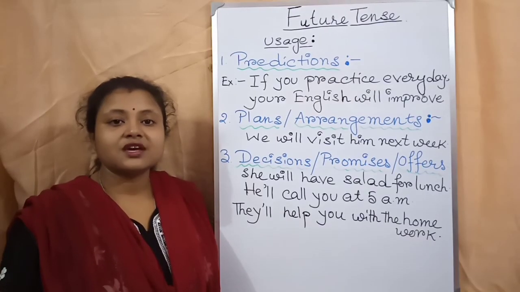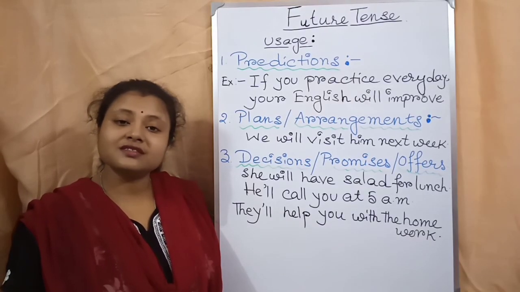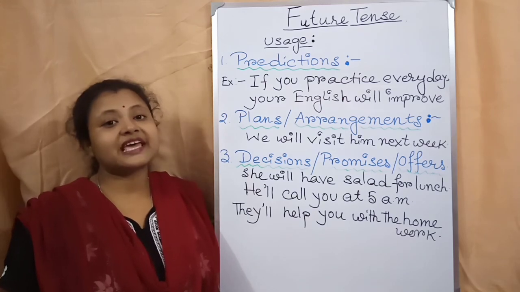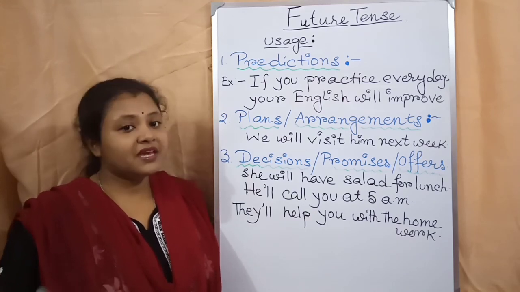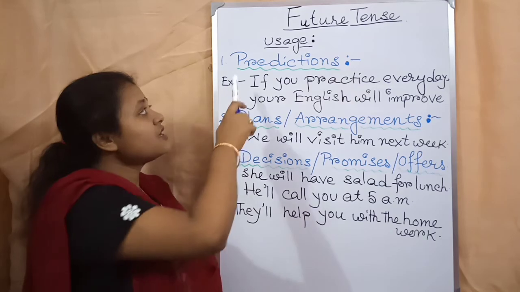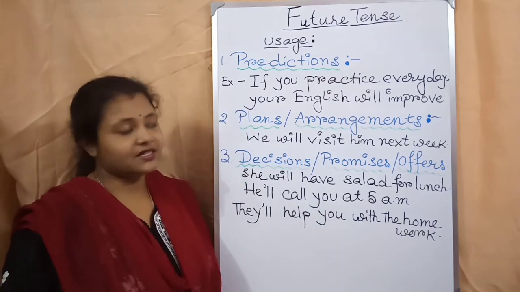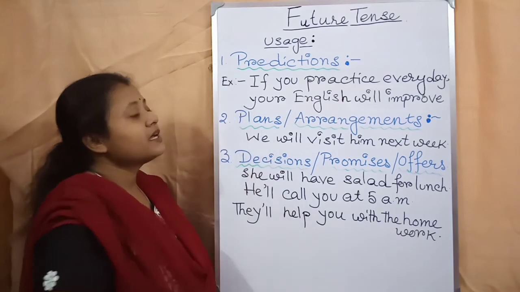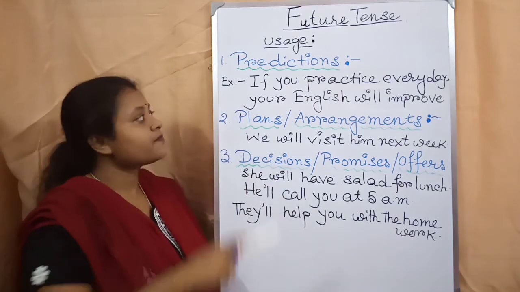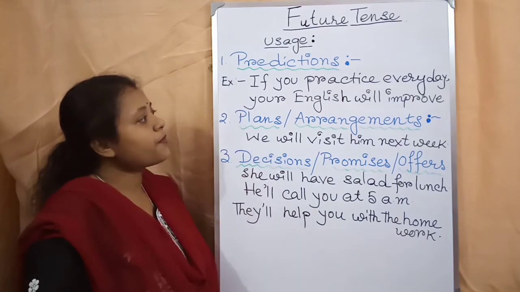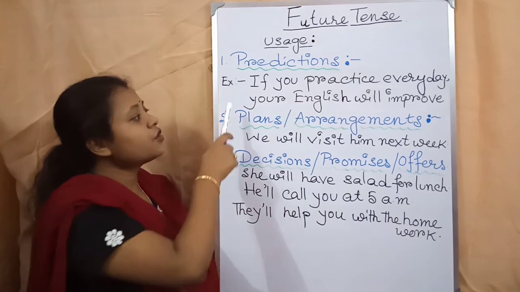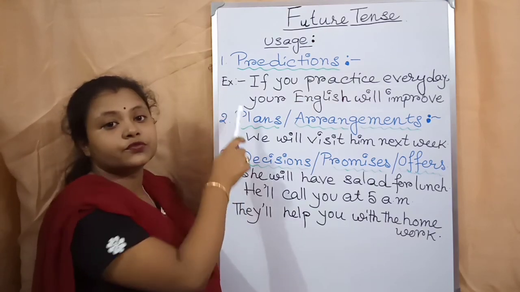So students, where can we use future tense? Future tense can be used in many different occasions. See over here, I have written some of the usage of future tense. Number 1, in case of predictions. Example, if you practice every day, your English will improve.